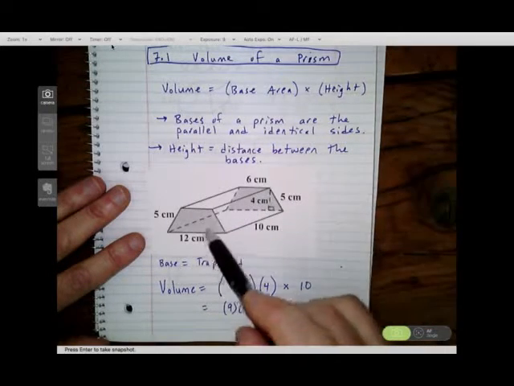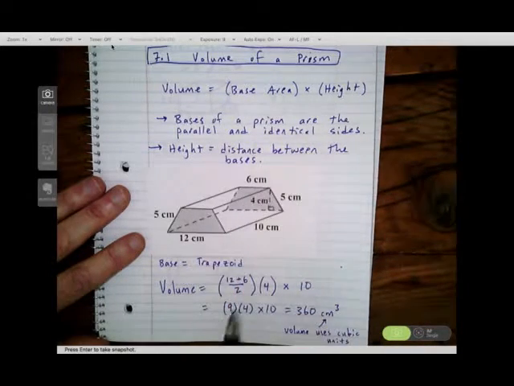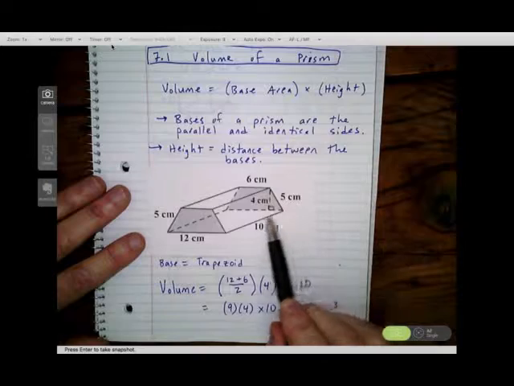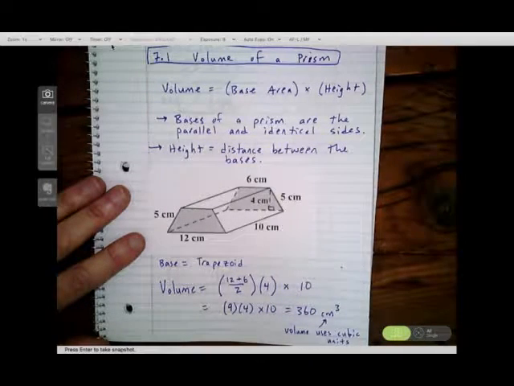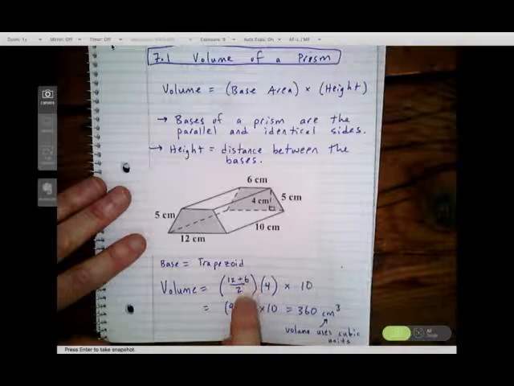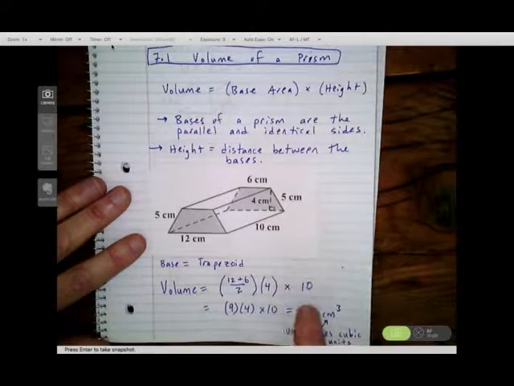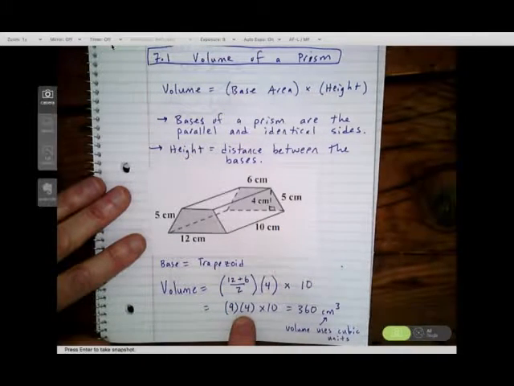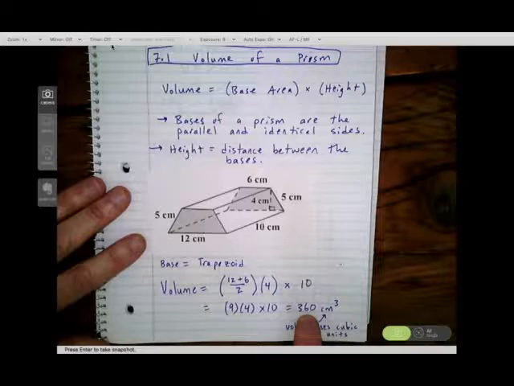Okay, so area of the trapezoid is 12 plus 6 divided by 2 times 4. That's how tall the trapezoid is. And then we're going to multiply that by how far apart the trapezoids are, which is 10. And we work this out a bit. 12 plus 6 is 18. 18 divided by 2 is 9 times 4. And then we're going to multiply that by 10. 9 times 4 is 36, times 10 is 360.